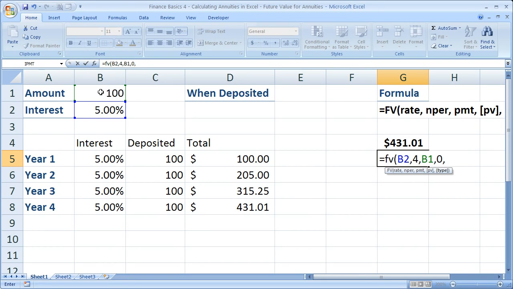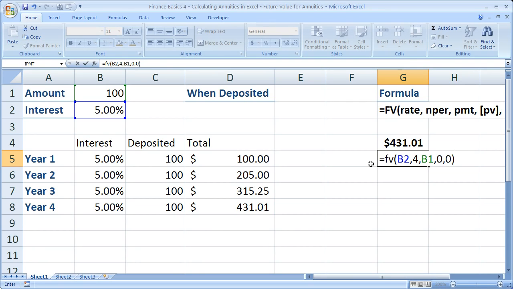If, however, you want to make sure it calculates this formula with depositing the money at the beginning of the period, type a 1. So your option is to leave it out, type a 0, or type a 1. 1 simply says deposit at the beginning of the period, 0, deposit at the end of the period. So close parentheses. In this case, you see that we do not need these last two values, but I'll leave them in there for now.